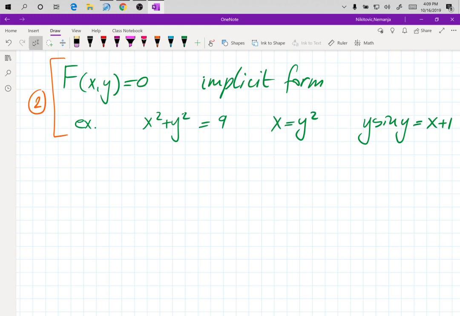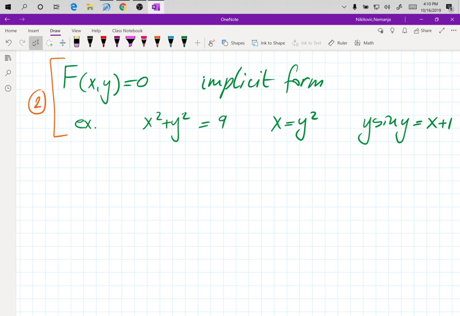So if we jump here and put x squared plus y squared equals 9, you get a circle with the radius 3. If you say x equals y squared, as I said, you get that sideways parabola. And the sideways parabola is not a function because it fails the vertical line test.